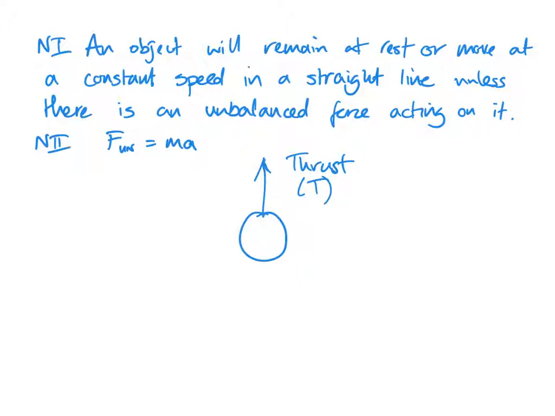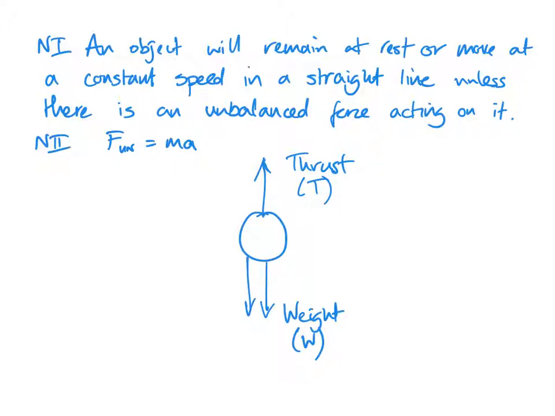Notice we want the arrows to actually meet the object and not just be floating in thin air beside it. The rocket would have weight pulling it down. Remember, it's not gravity. Gravitational force would be acceptable. And possibly air resistance.